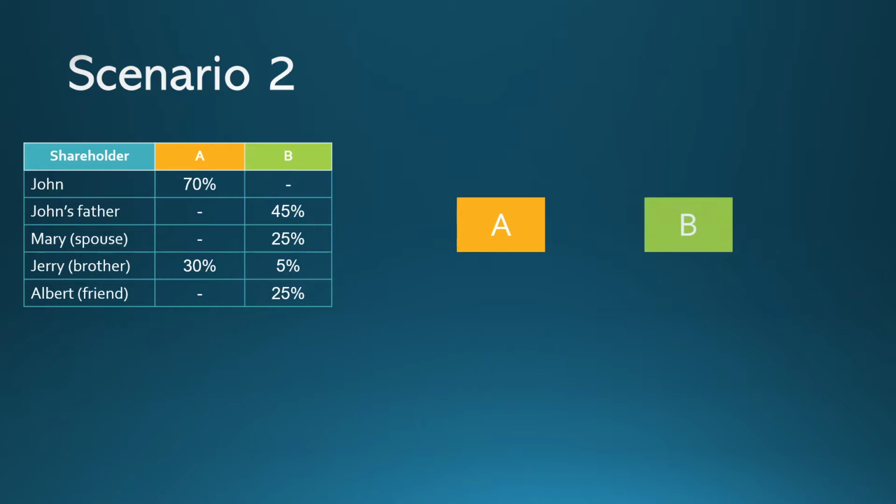Here's A and here's Company B. John owns 70% of Company A. John's father owns 45% of Company B. And John's spouse, Mary, owns 25% of Company B. And John's brother, Jerry, owns 5% of Company B. There is one instance of cross ownership here. John's brother, Jerry, owns 30% of Company A. Go ahead, pause the video, and see if you can find a provision that shows A and B are associated or not.